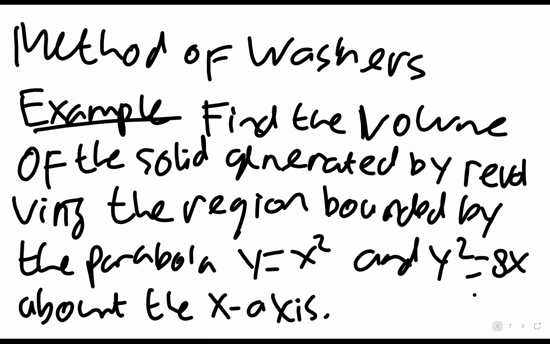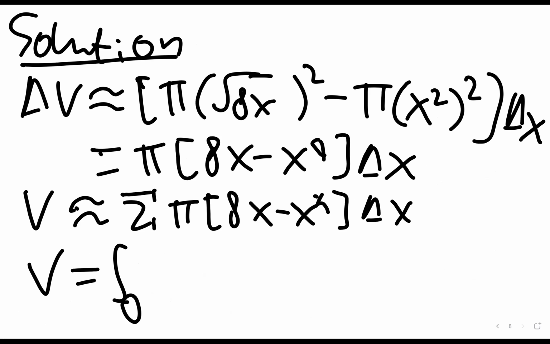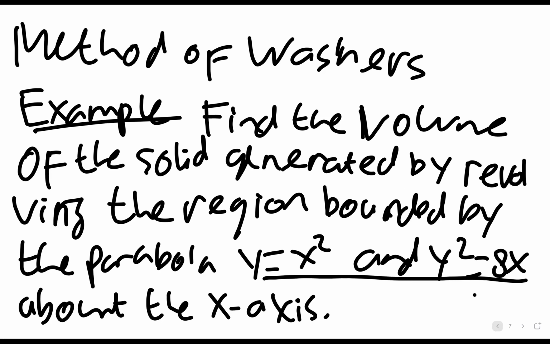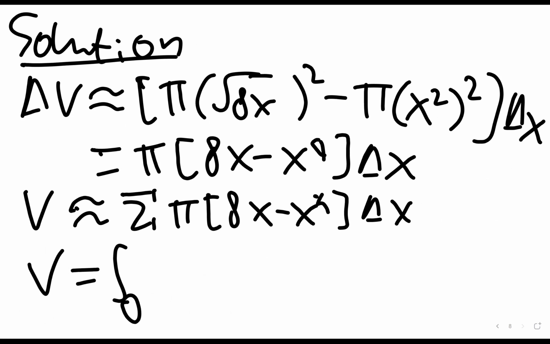so you have to be careful. You have to look for the intersection between the curve y equals x squared and y squared equals 8x. So you have to solve the equation x squared equals square root of 8x, and the solution would be x equals 0 and 2.